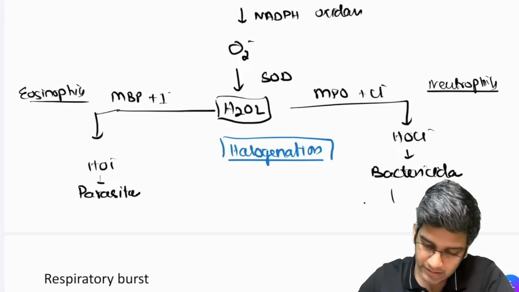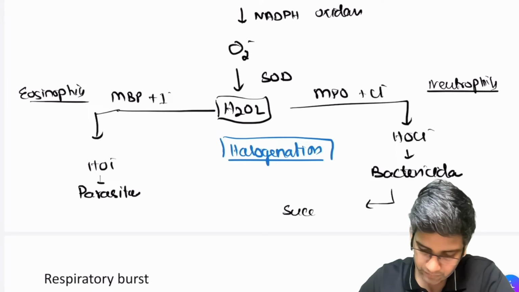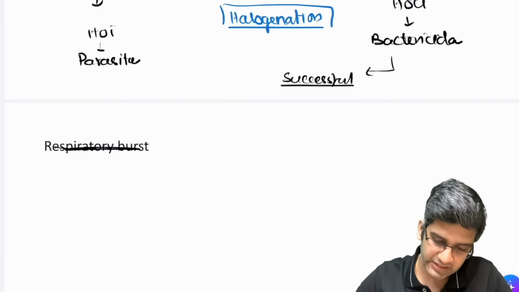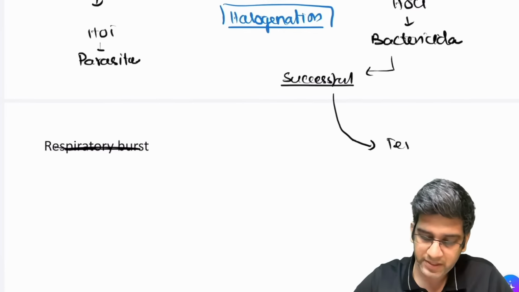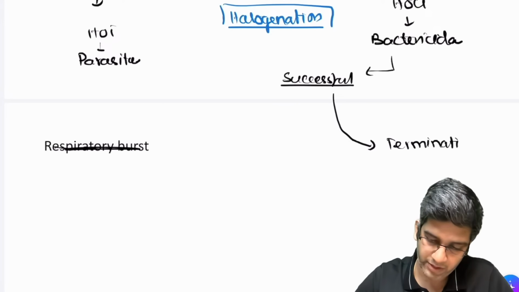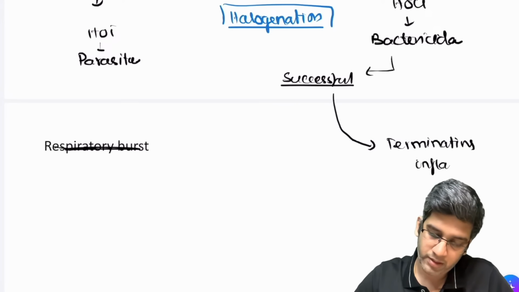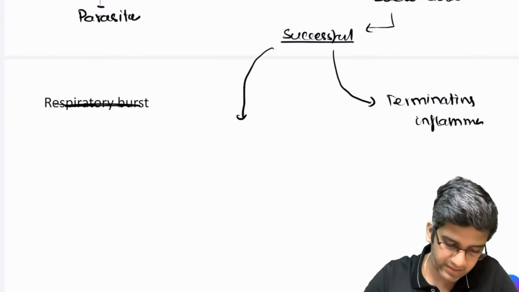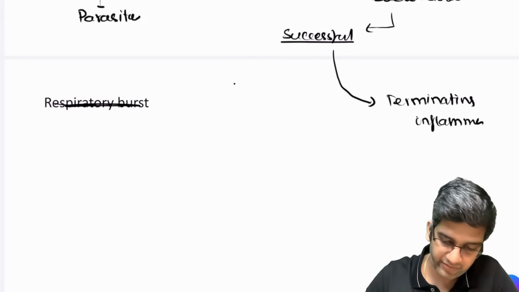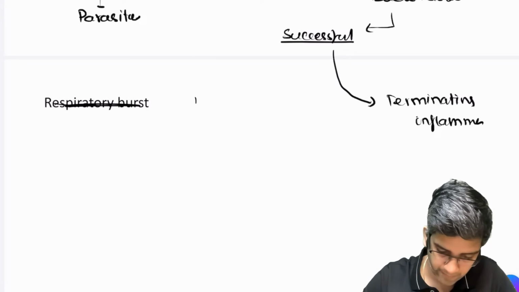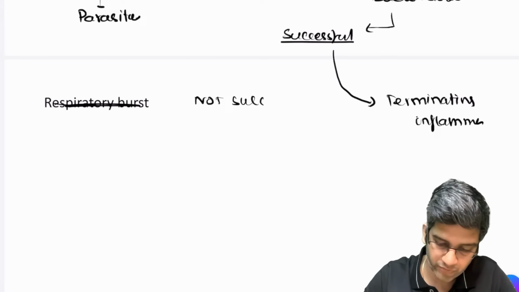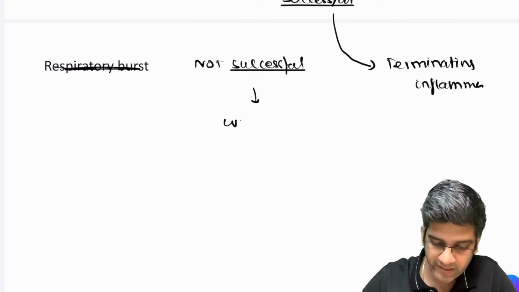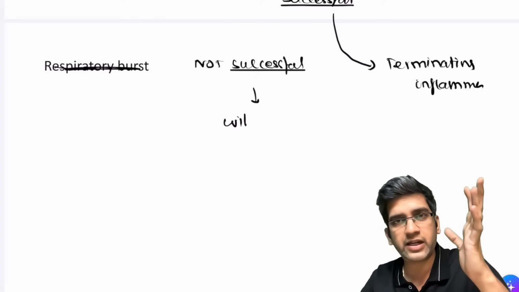Once that is done, if it is successful, then I have an outcome. If it's successful, there are two options. You will be terminating the inflammation. If it is not successful, if your neutrophil is not able to destroy the organism within 24 hours, I have to destroy the bacteria within 24 hours, right?